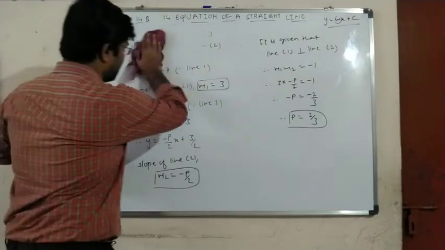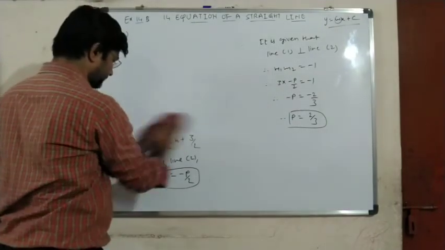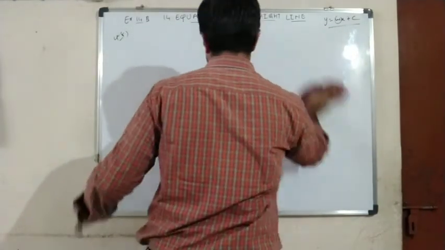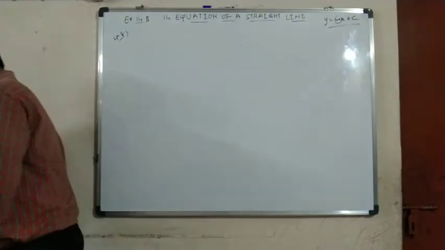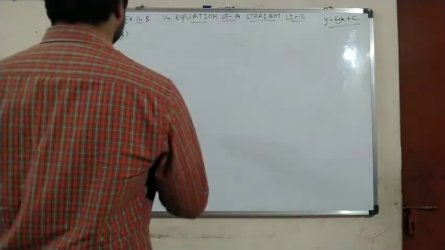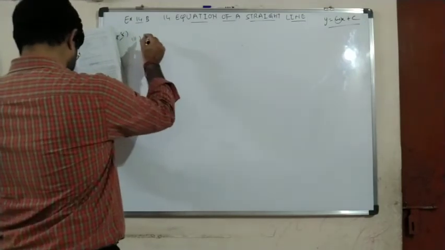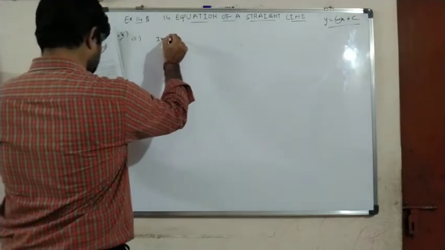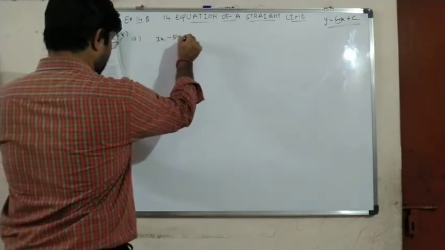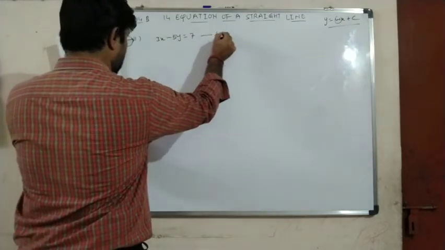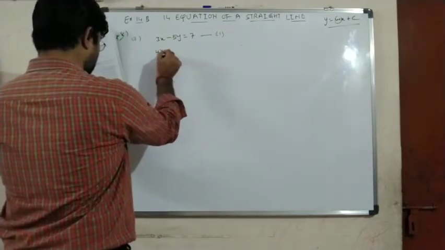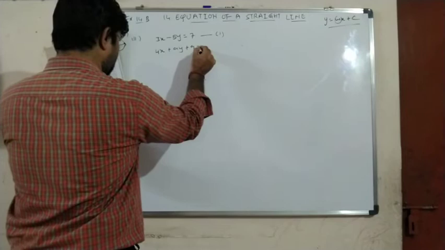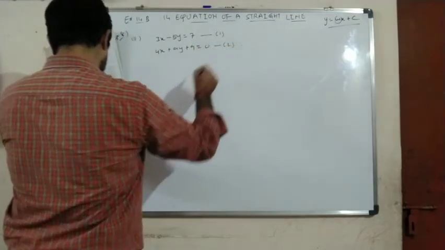Let us solve now the second part of question number 8. Straight lines 3x minus 5y is equal to 7, number 1, and 4x plus ay plus 9 equal to 0, this is number 2.